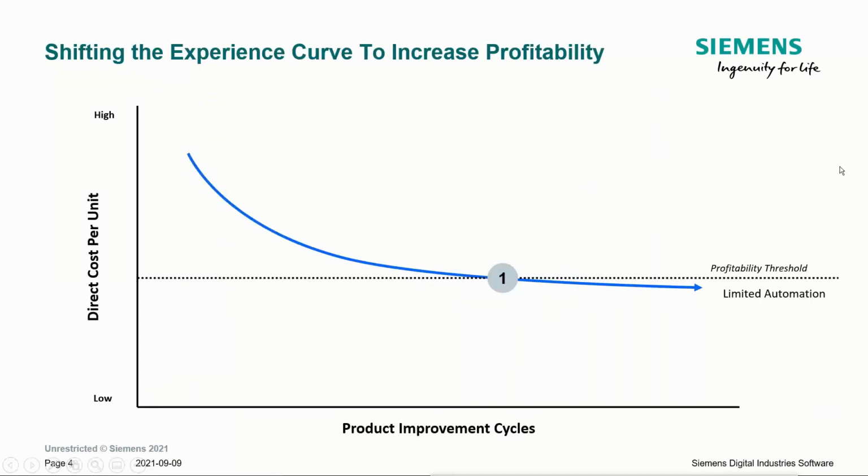The next slide is one to speak about the impact it has from a profitability and business impact perspective when customers, on the experience curve, manufacturing companies, are deploying very limited design and manufacturing automation.